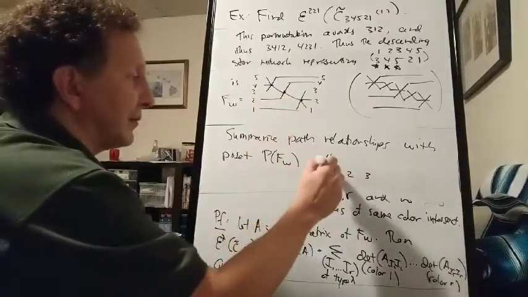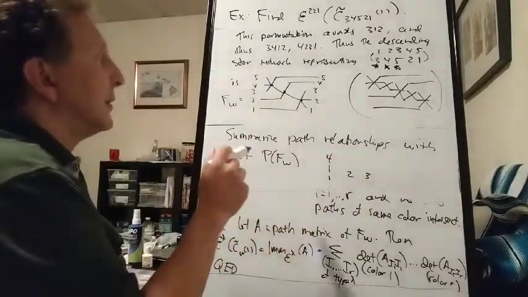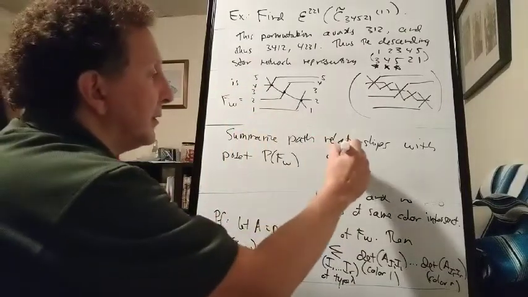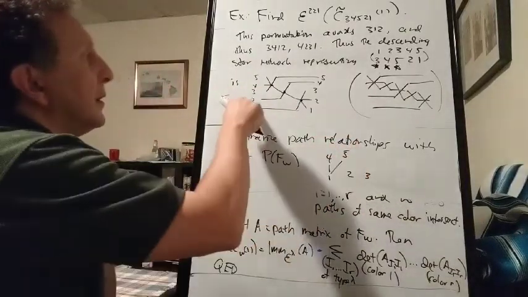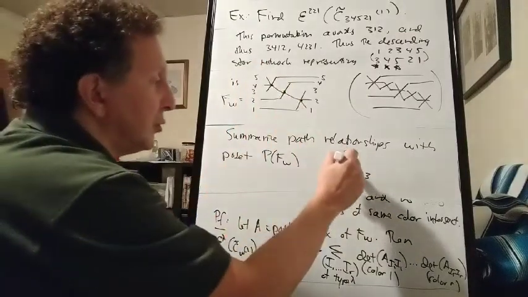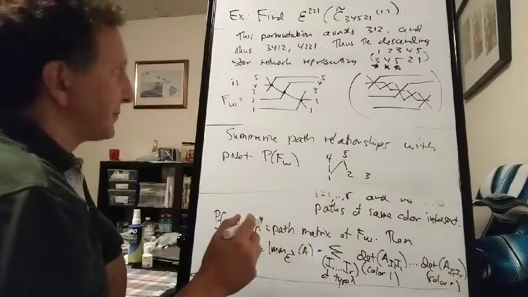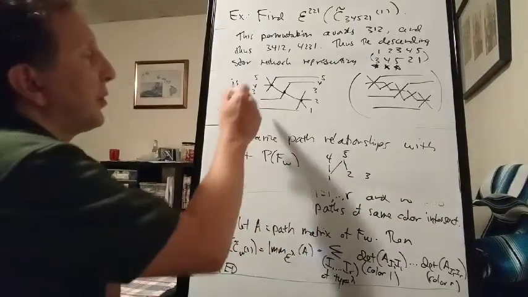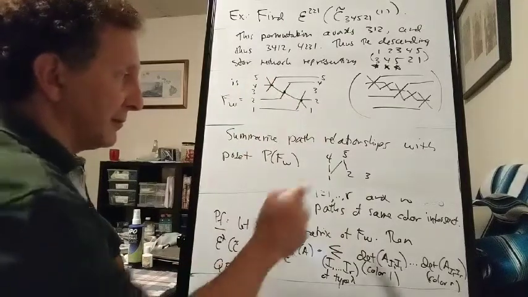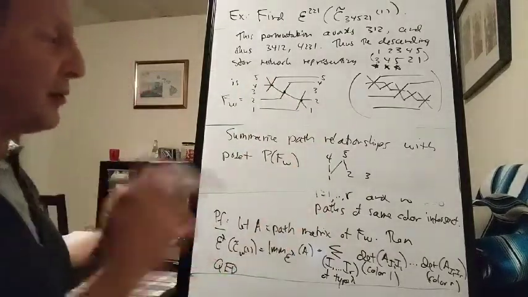So those two are not less than 4, but 1 is. 5 doesn't touch 1. 5 only goes down to here, and 2 only goes up to there. So 2 can go below 5 also. 3 cannot go below 5 because it touches 5 right there. So I guess this is it. This is our poset telling how the paths are related.